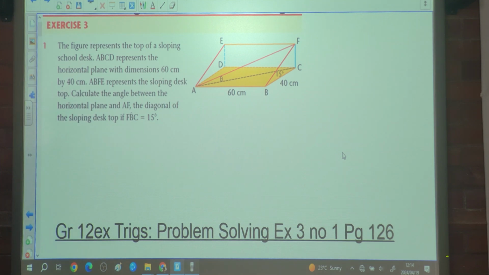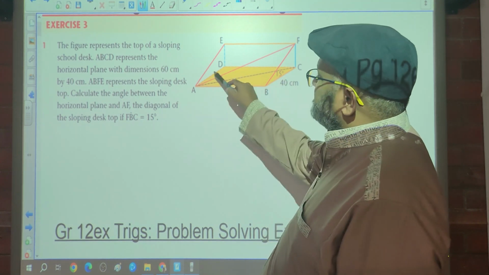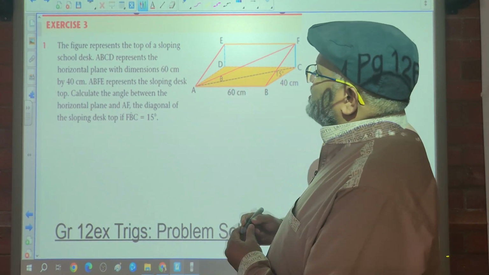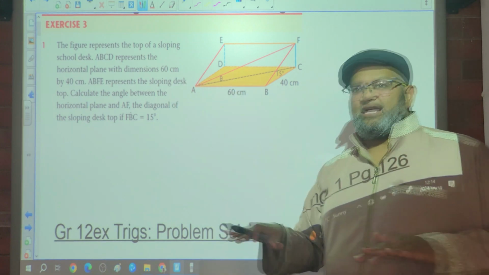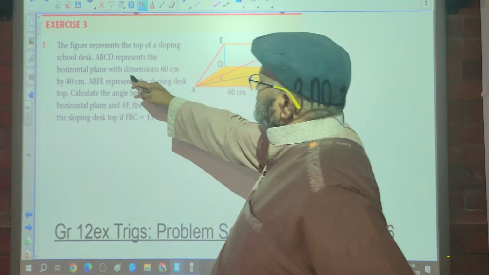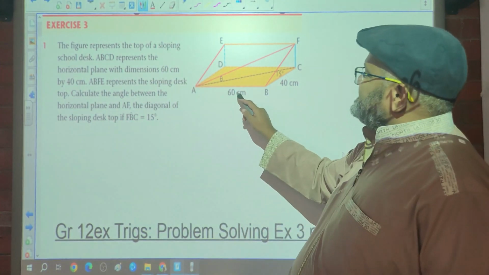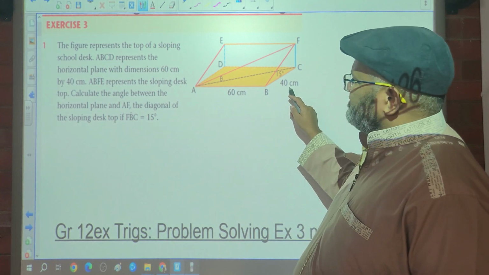Now, A, B, C, D represents the horizontal plane, so the flat plane. We assume now this is the ground. Okay, flat on the ground. So ABCD represents the horizontal plane with dimensions 60 centimeters by 40 centimeters.